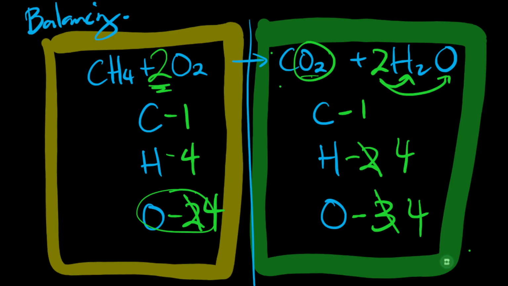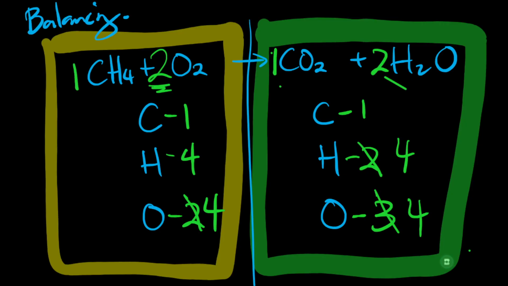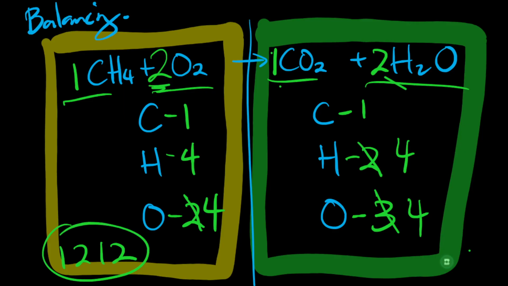And that's pretty much it. Everything is balanced. We have 4 hydrogens on both sides, and then 4 oxygens on both sides. So after you're done balancing, you can add a 1 in front of the elements that you didn't change their coefficient. So the answer for this one is 1, 2, 1, 2. Okay, so that's how we balance chemical reactions.